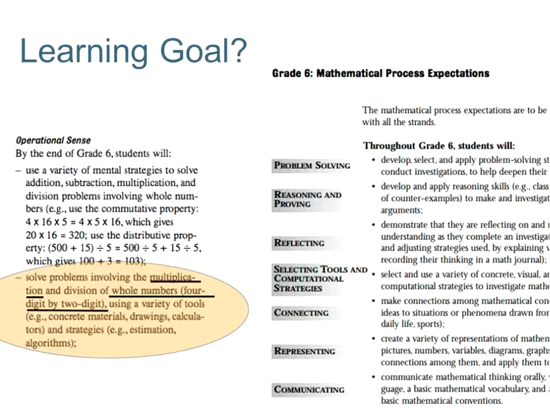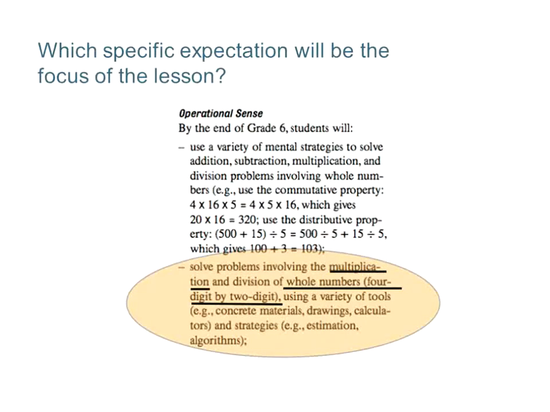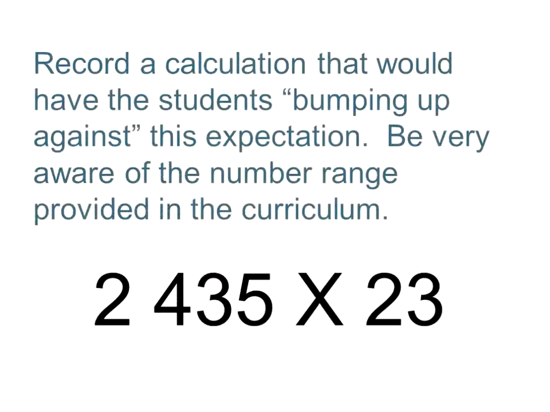This specific expectation that I chose said, solve problems involving multiplication and division of whole numbers, and then they give the range of 4-digit by 2-digit. So at this point in my planning, I just write down any math expression that would require students to multiply a 4-digit by a 2-digit. And this just keeps me in the grade range and makes sure I'm going to hit the target.